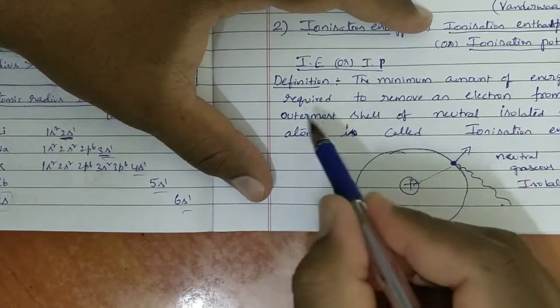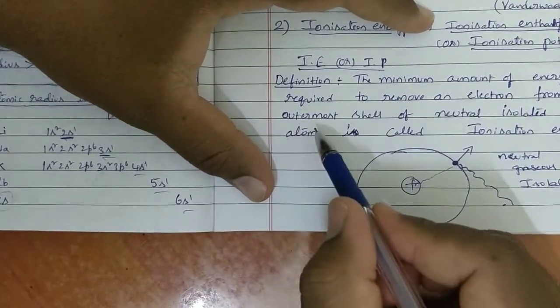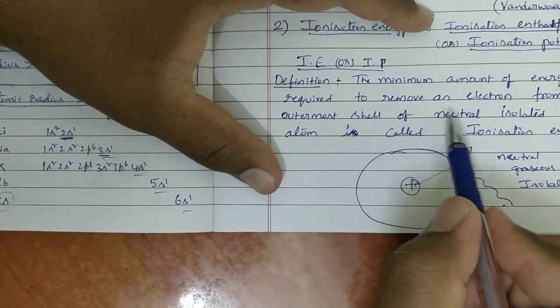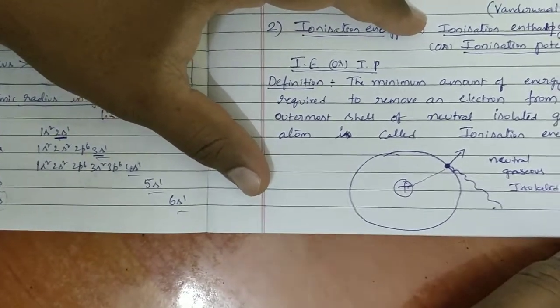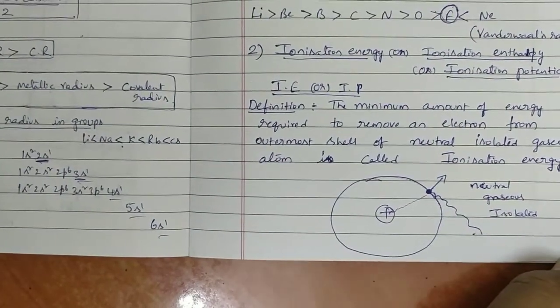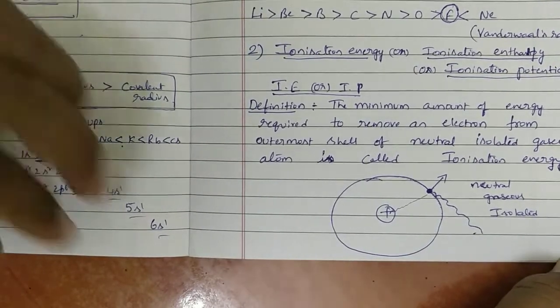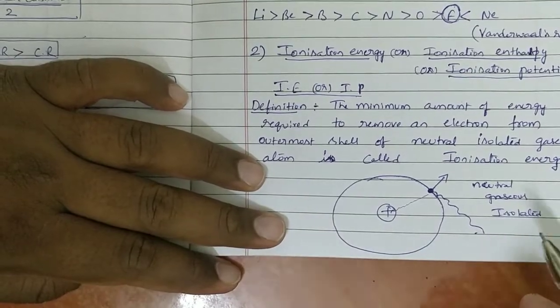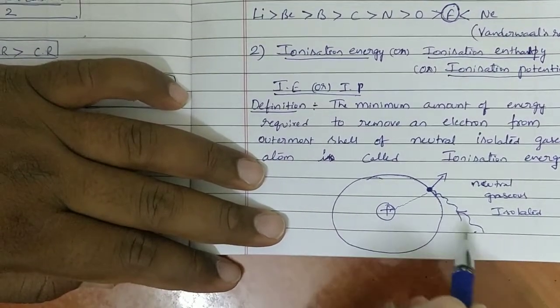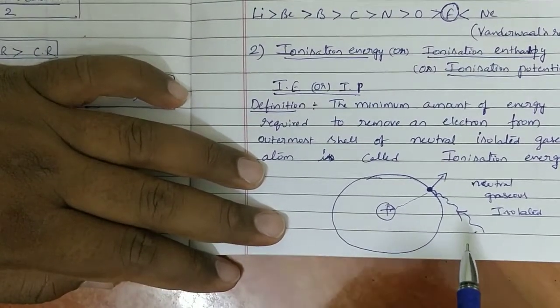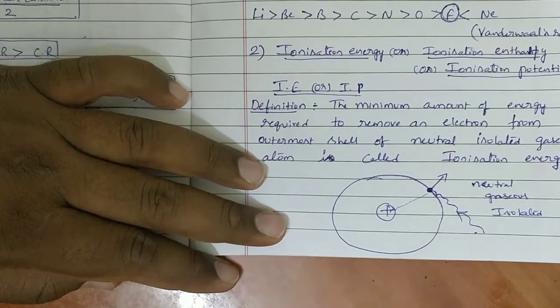The minimum amount of energy required to remove an electron from the outermost shell of a neutral isolated gaseous atom is called ionization energy. See, we need to give some amount of energy from outside. Simply, atoms will not lose an electron easily.